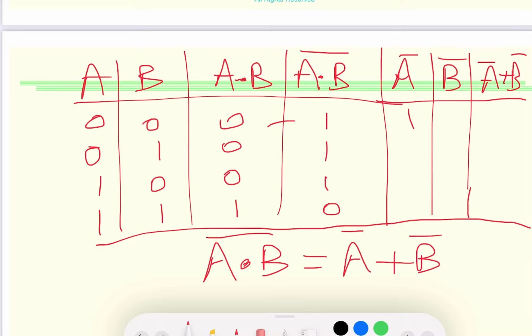Now we can take the complement of the inputs and then see the right-hand side. As long as one of those is high, we'll get high. This is the OR operation. If you compare this with this, we get the same result.